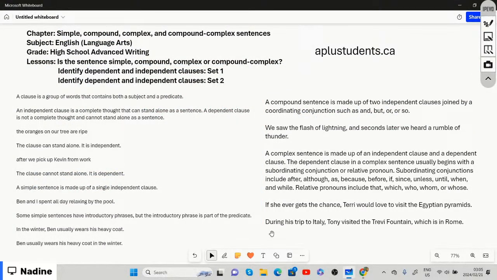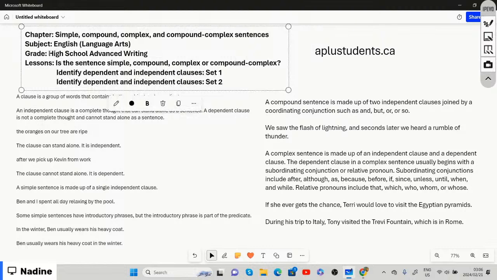So our chapter is simple, compound, complex, and compound complex sentences. Our subject is English, which is language arts. Grade 8, but it is high school advanced writing. The lessons we are going to focus on are: is a sentence simple, compound, complex, or compound complex?